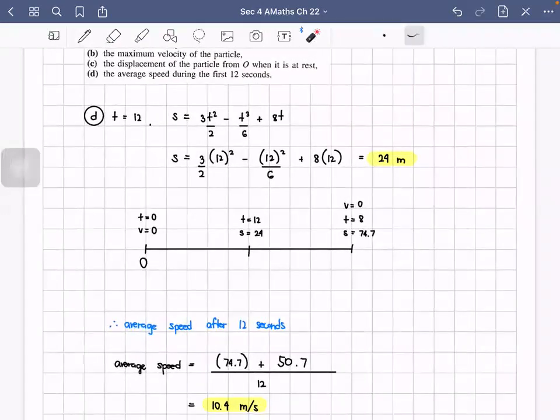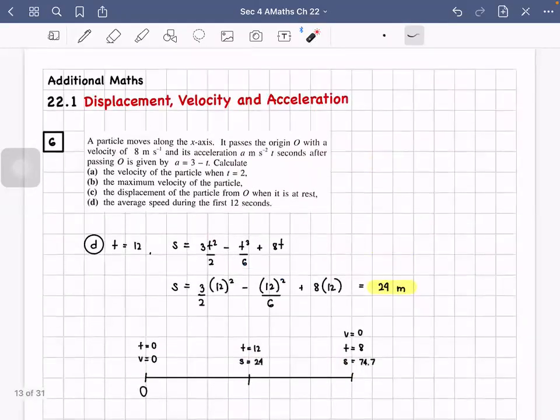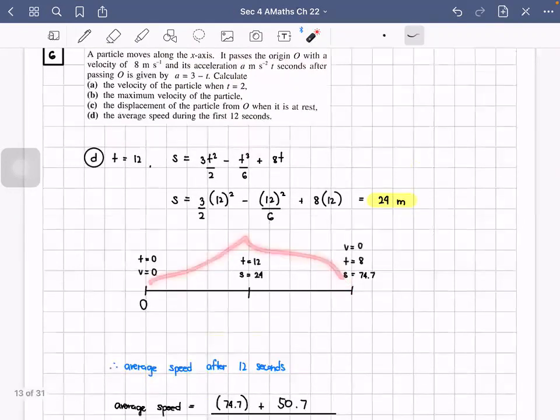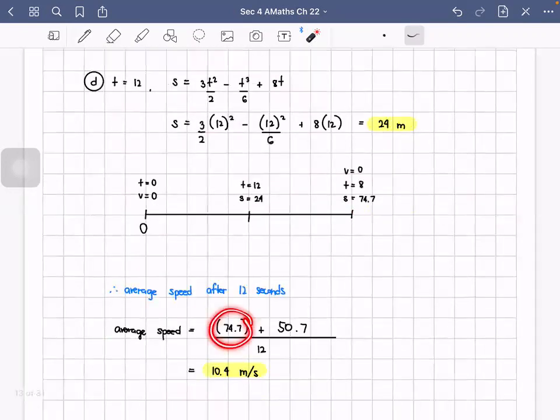Again, what's the formula for average speed? Total distance over total time taken. The distance from the origin to this particle, as it turns around, is 74.7 meters. After 8 seconds, it turned around until here, and after 12 seconds it reaches this distance from the origin, so it's 24.